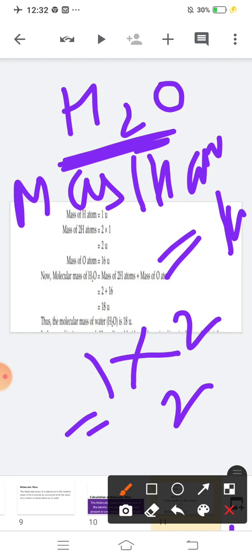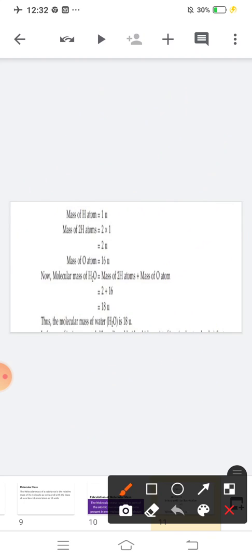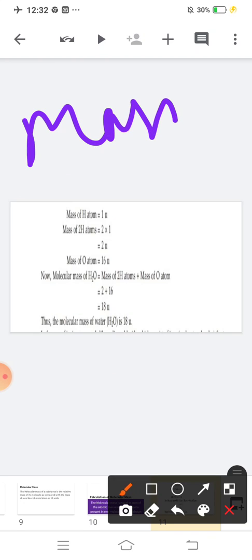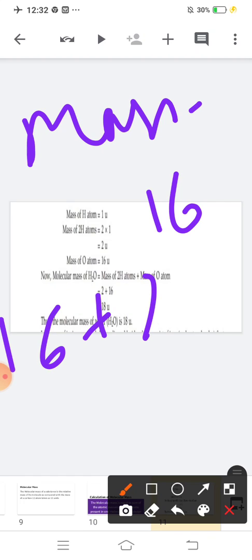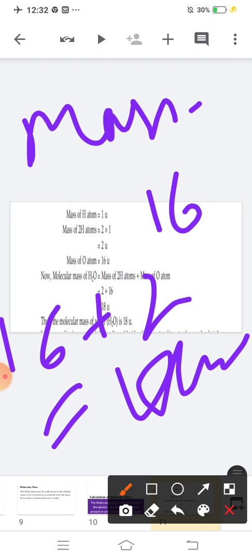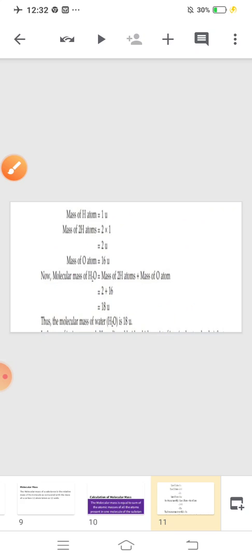Is this clear? If I ask about oxygen, the mass of one oxygen is 16. I told you, learn atomic masses and atomic numbers. For you it is easier to learn these things. Here how many oxygen atoms are present? Only one atom of oxygen. So 16 plus 2, it is 18 u. Just add it. Is this clear?